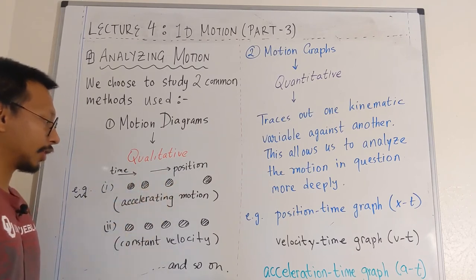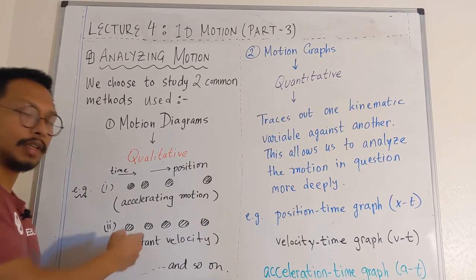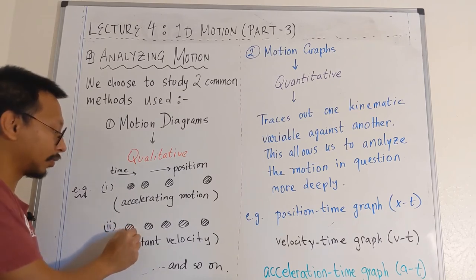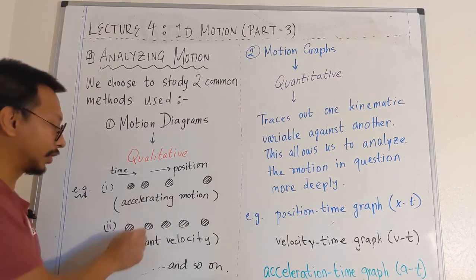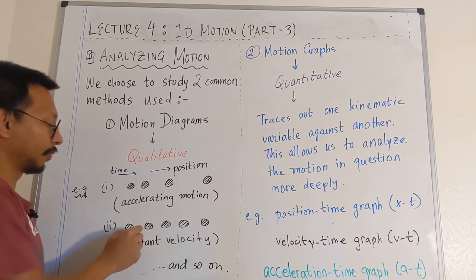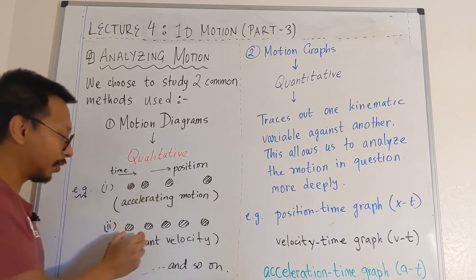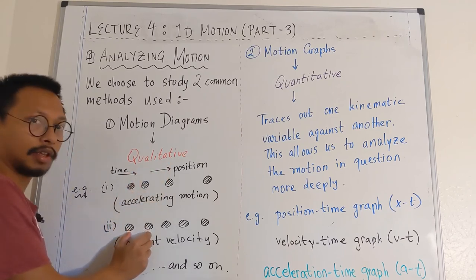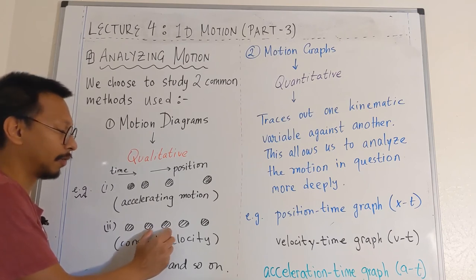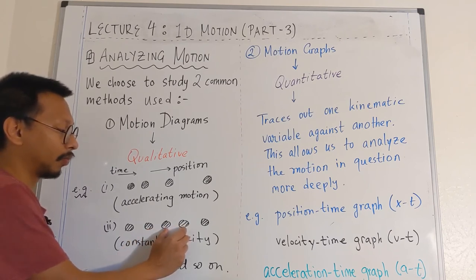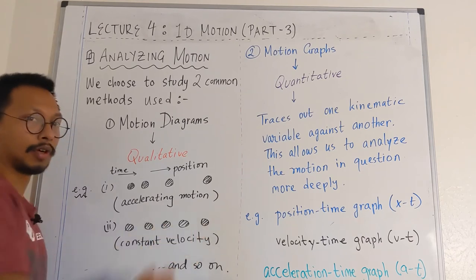If you look at another example, we can see that the position change of the object is uniform in time. So for example, in 1 second the object moved 1 meter. From 1 to 2 seconds the object moved another 1 meter. From 2 to 3 another 1 meter, and so on and so forth.